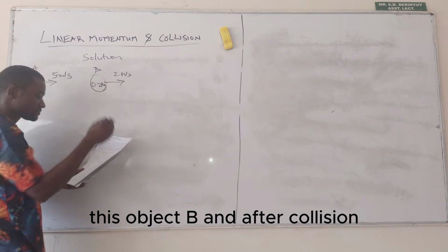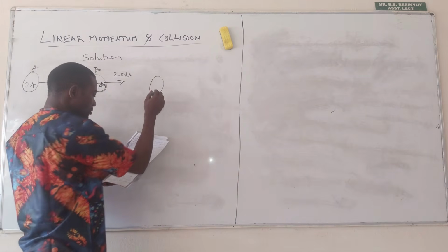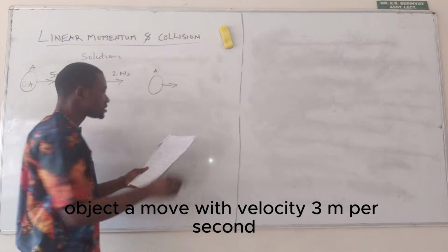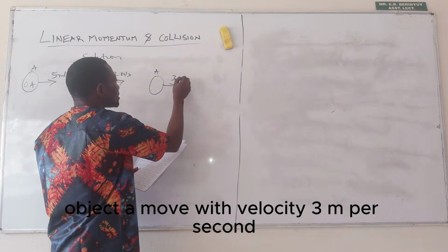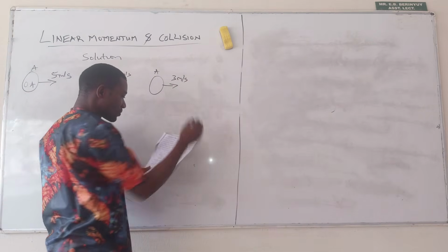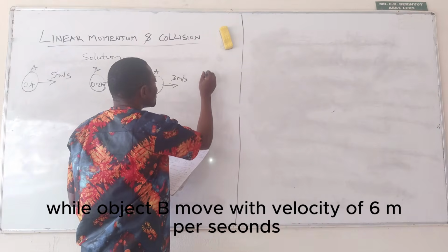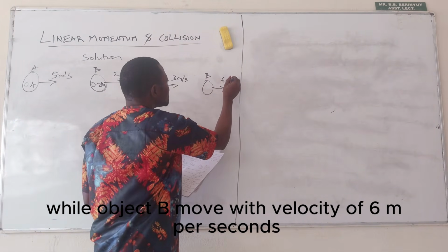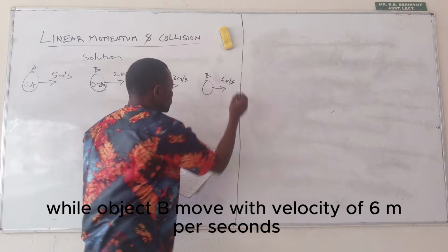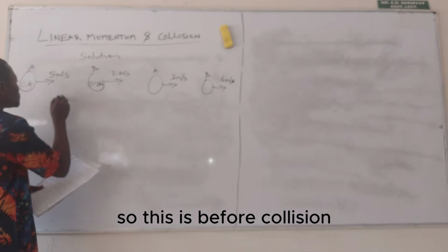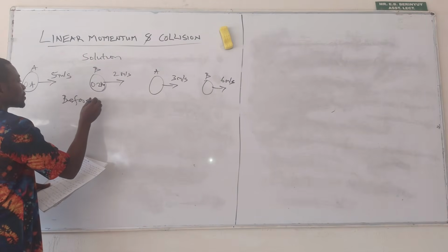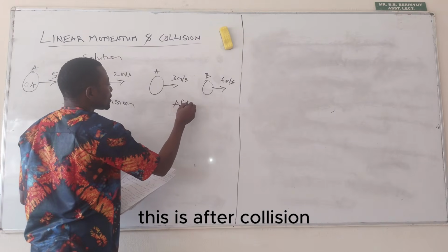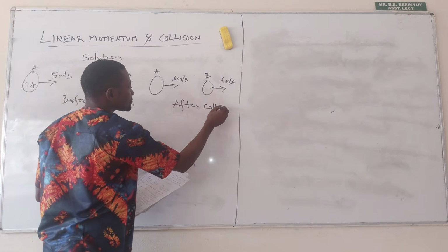This object B. And after collision, object A moves with velocity 3 meters per second, while object B moves with velocity of 6 meters per second. So this is before collision. This is after collision.